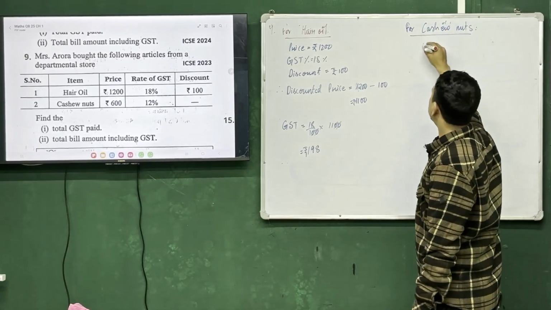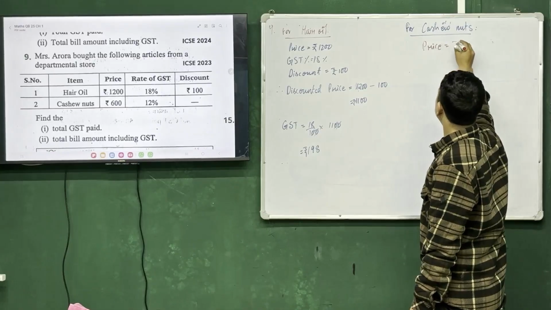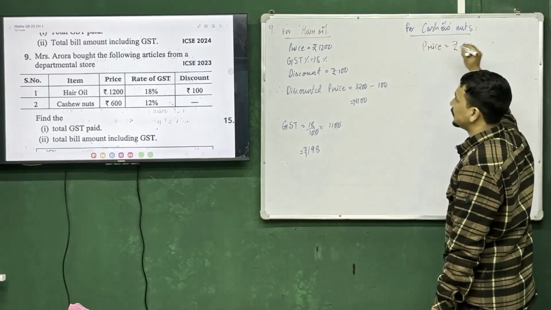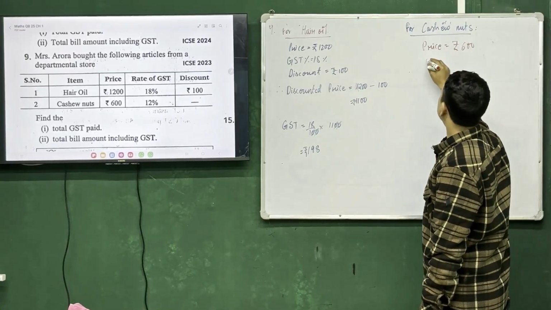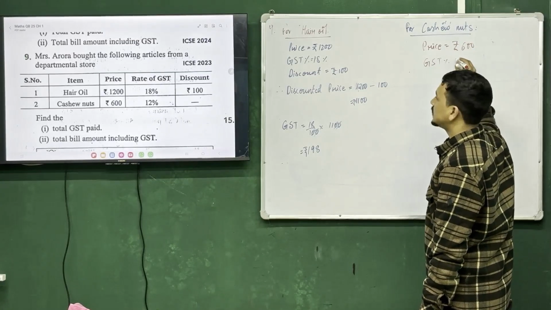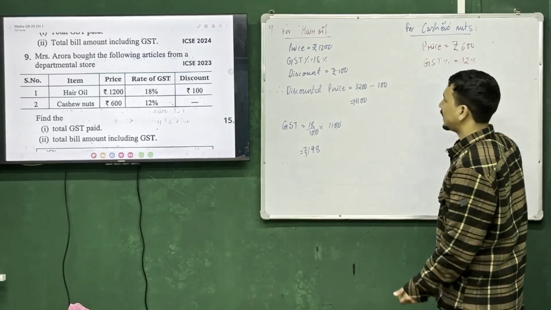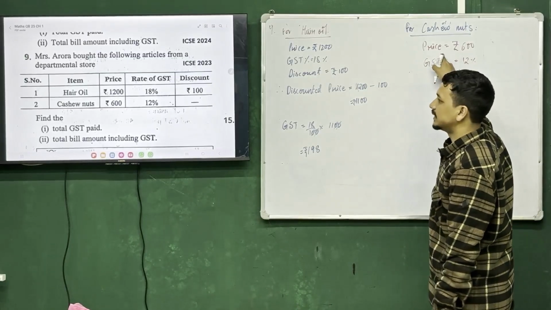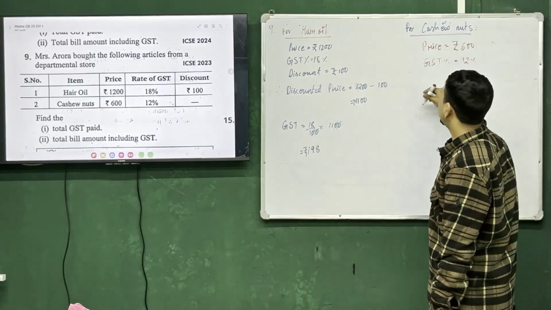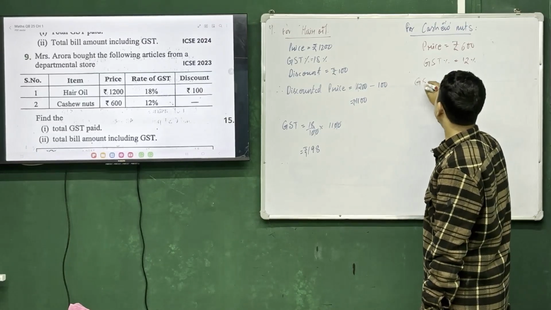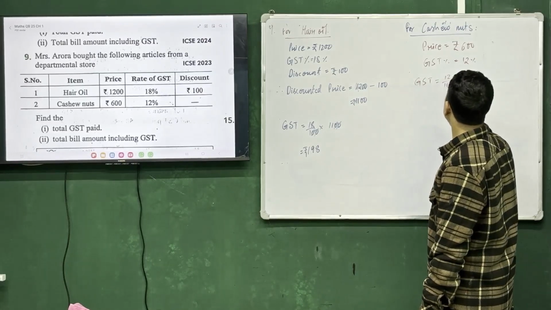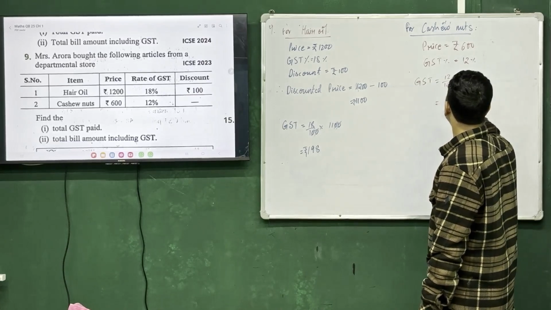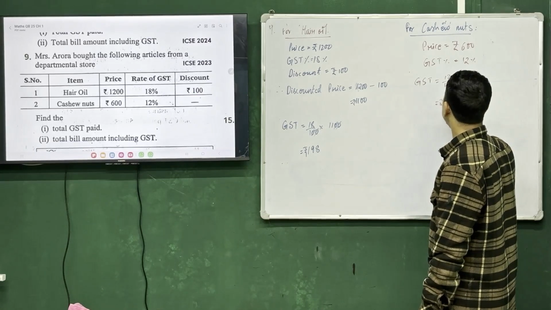For cashew nuts, the price is rupees 600, the GST rate is 12% and there is no discount. So the discounted price will be 600 itself. GST will be 12% of 600, which is 72.